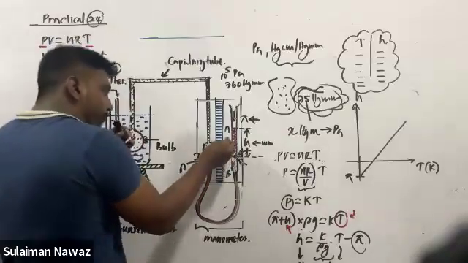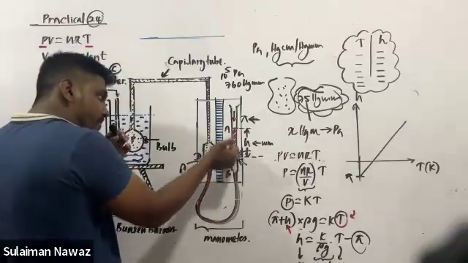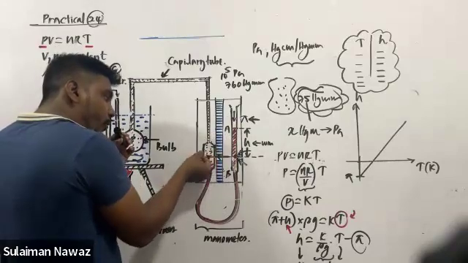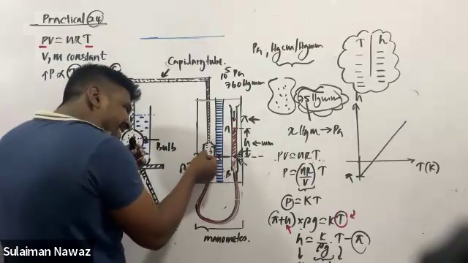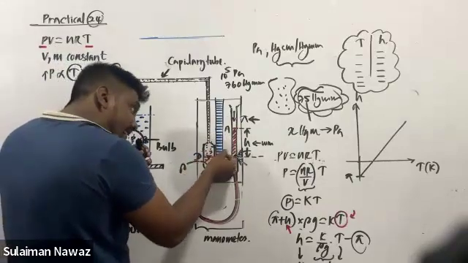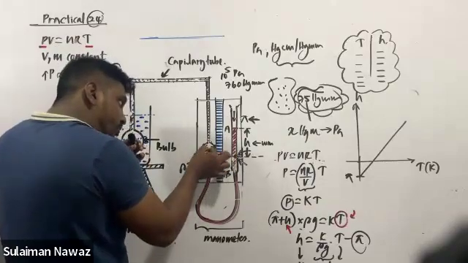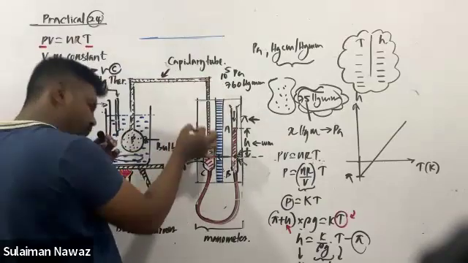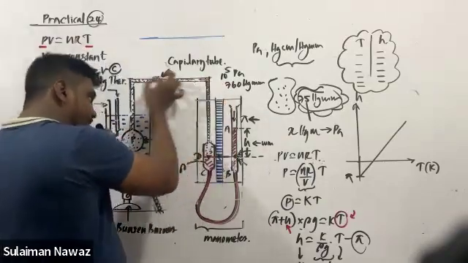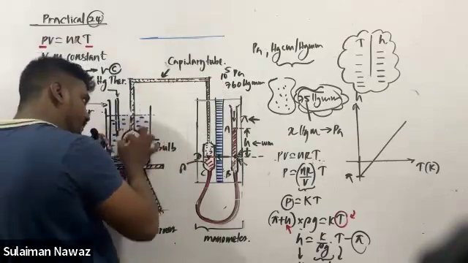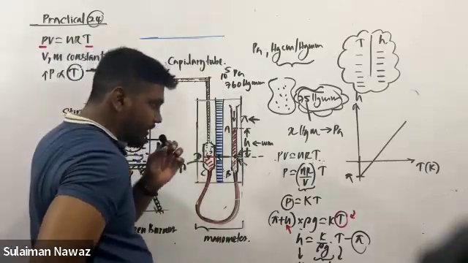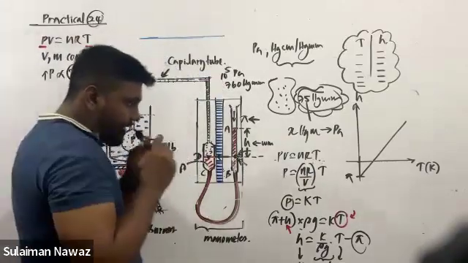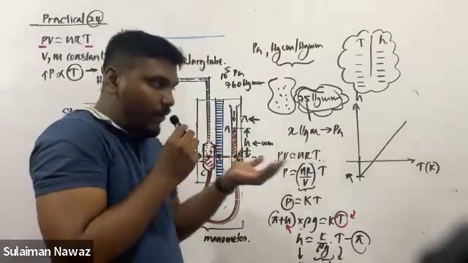I told you why we always move AB up and down and why we always ensure the mercury meniscus in tube CD is exactly at this tip level: to ensure constant mercury level, to obtain constant gas volume.